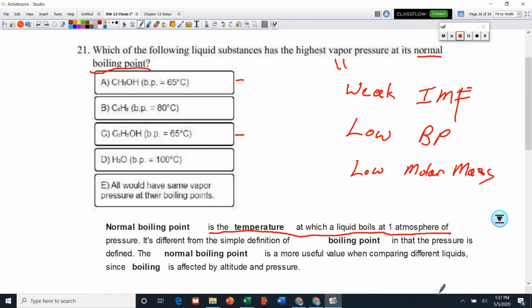So at 1 atmosphere of pressure, all of these are at the same pressure. All right. So therefore, all of them would have the same vapor pressure because all of them would be at 1 atmosphere at this point. That goes back to that original graph I showed in part 2.